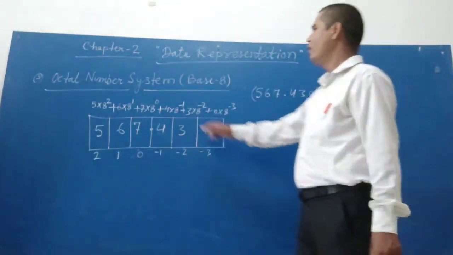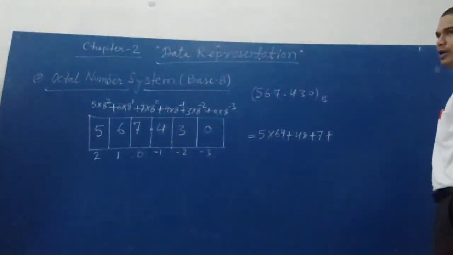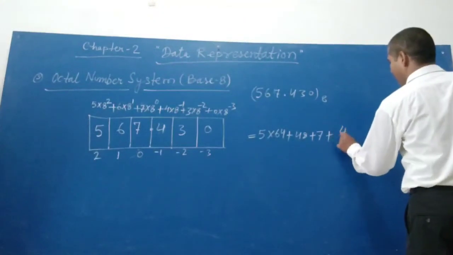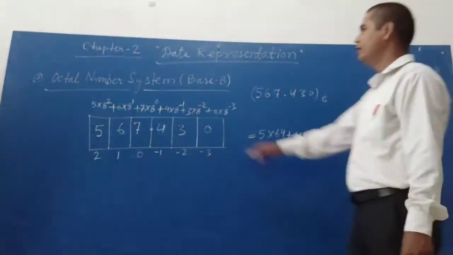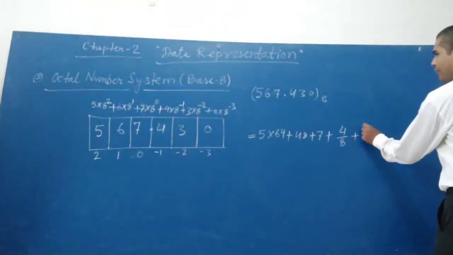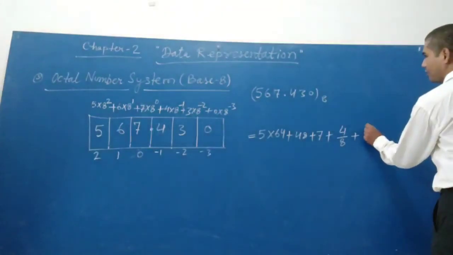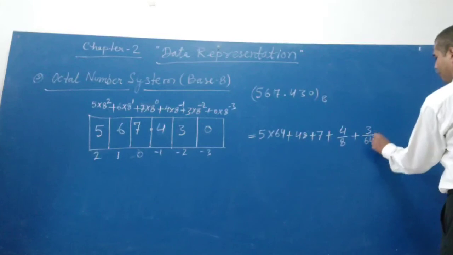Plus 4 into 8 to the power -1, which is the inverse, so we write 4/8. Plus 3 into 8 to the power -2, which is also the inverse of 8 squared, so we write 3/64.